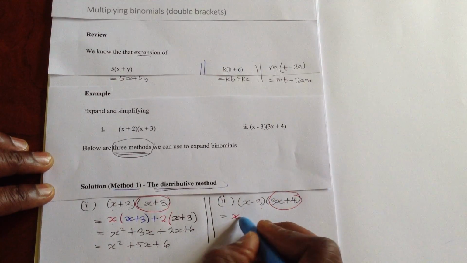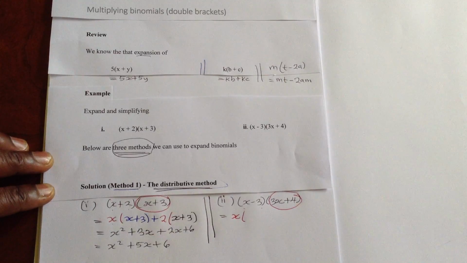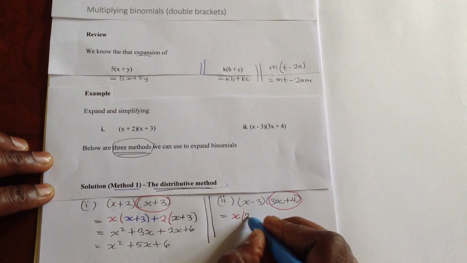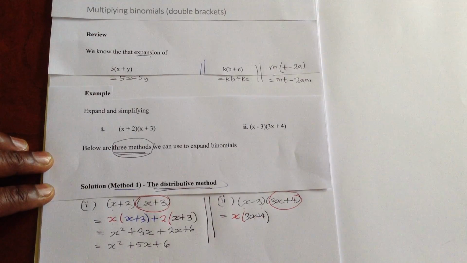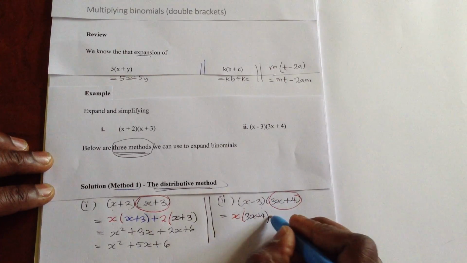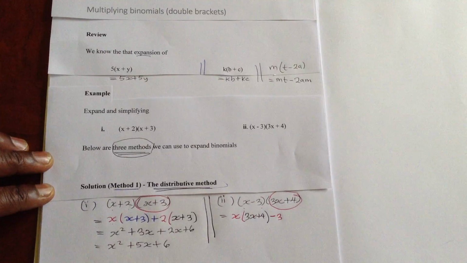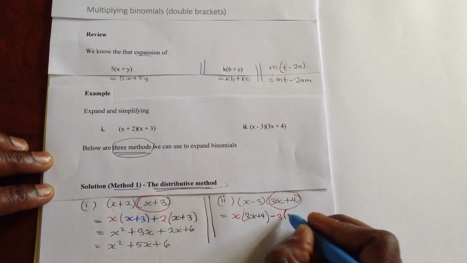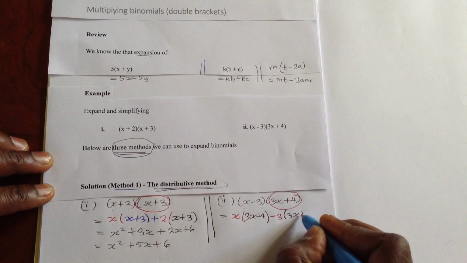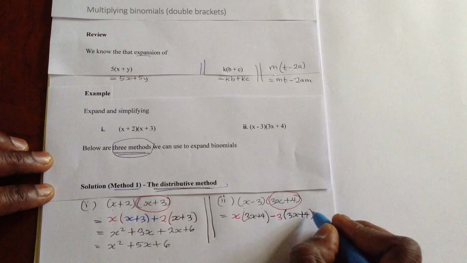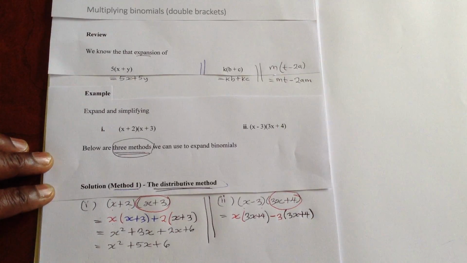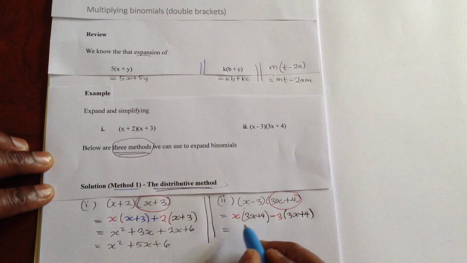So I have x here, then I have my 3x add 4. This time the second term here is minus 3, then I have my 3x add 4 again. From here I then expand.